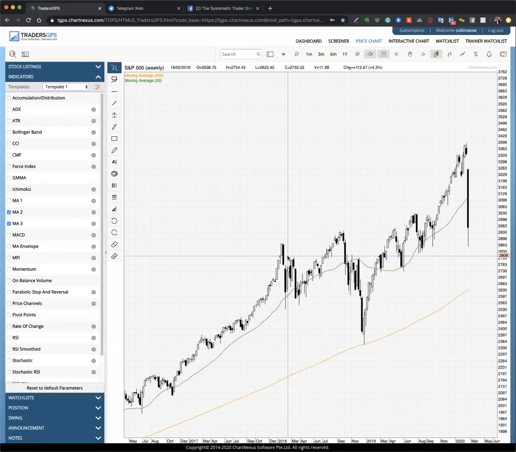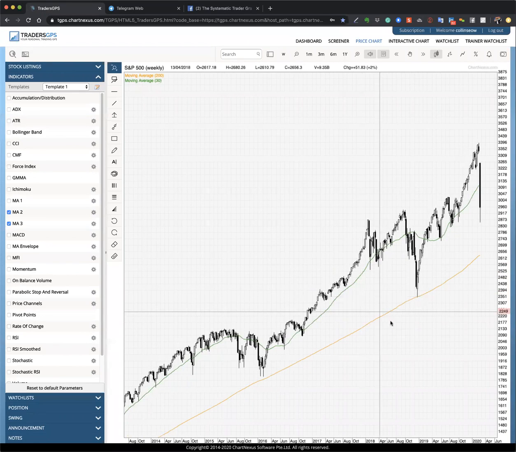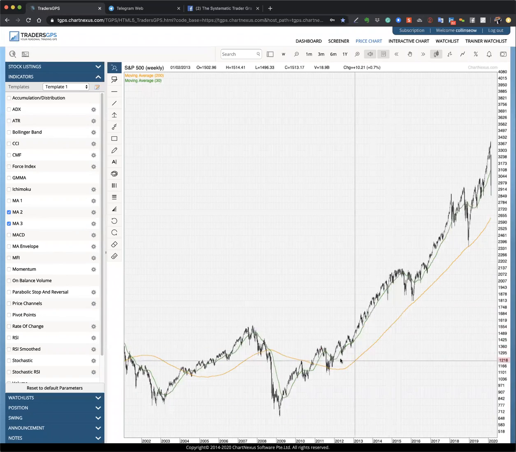In both correction and bear market, the move can be strong. It's just that at this moment, looking at these two things, it's quite easy to see whether it is an uptrend or downtrend. Yes or no? Let's look at the 03 until the 07 one. You draw a trend line.